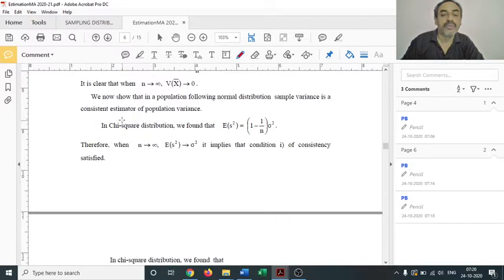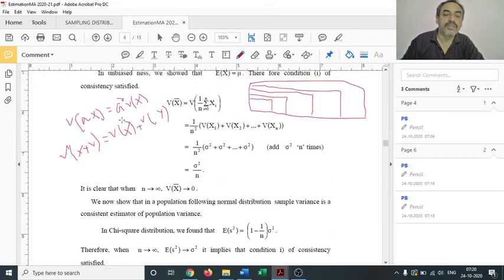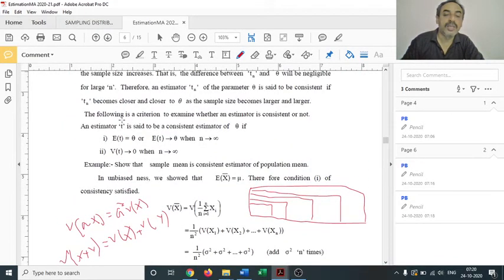this sample variance. Earlier we found that sample variance is asymptotically unbiased. It is not unbiased, it is asymptotically unbiased only. That is E of S square is not equal to sigma square. But we can see that E of S square tends to sigma square when n tends to infinity.